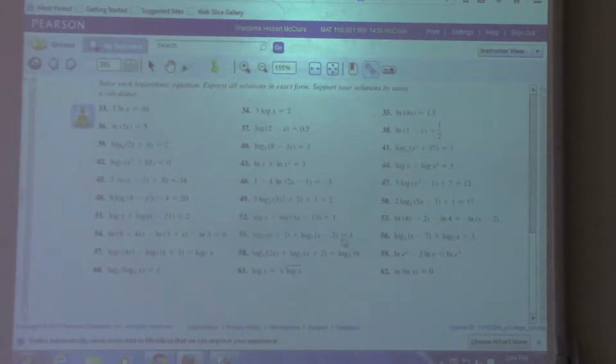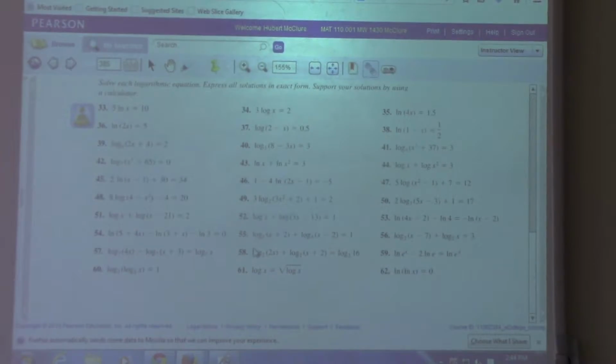All right, just for memory purposes, which ones do y'all have the answers for? The even ones or the odd ones? Odds. Let's try 55 and 57.